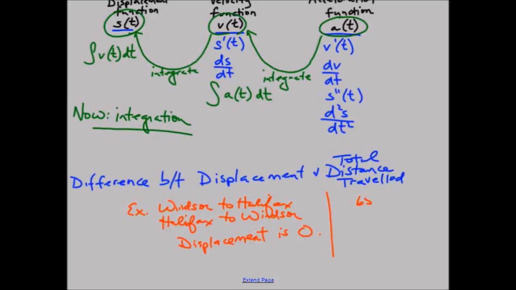It's about 65 kilometers to Halifax and 65 kilometers back. So the total distance is 130 kilometers. Hopefully this shows you the difference between displacement and distance traveled. Displacement is the difference between your starting point and your ending point, which in this case is 0.